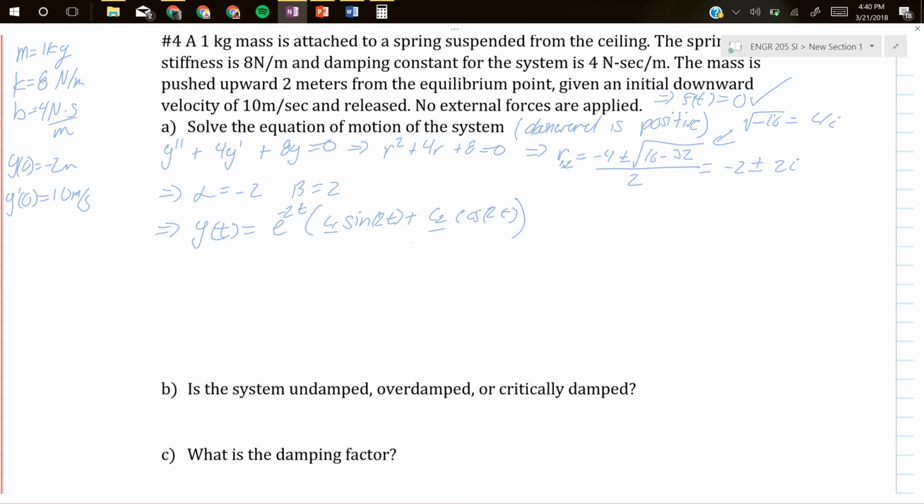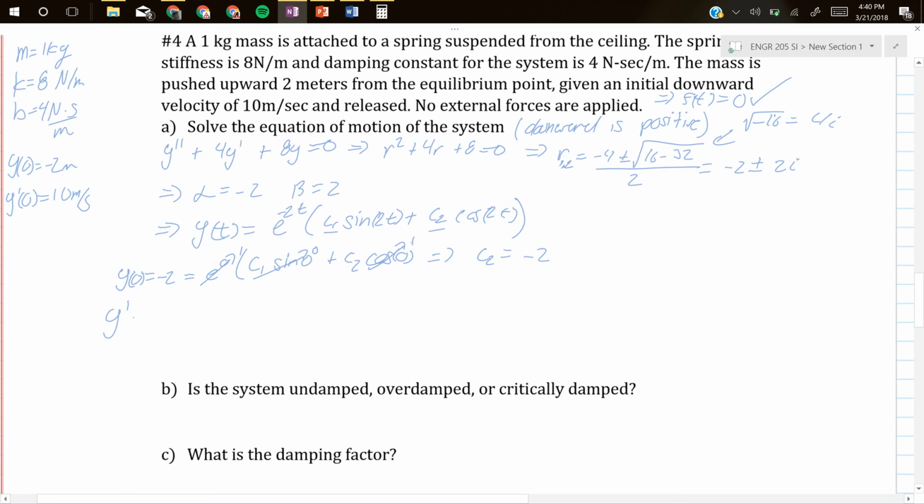So now, since we have our y, we can say y of 0 equals negative 2. So e to the 0 is 1 times c1 sine of 0, which goes to 0, plus c2 cosine of 0 goes to 1, which implies c2 equals negative 2.